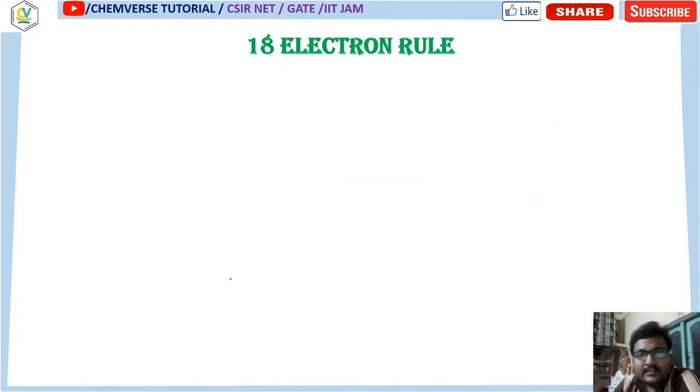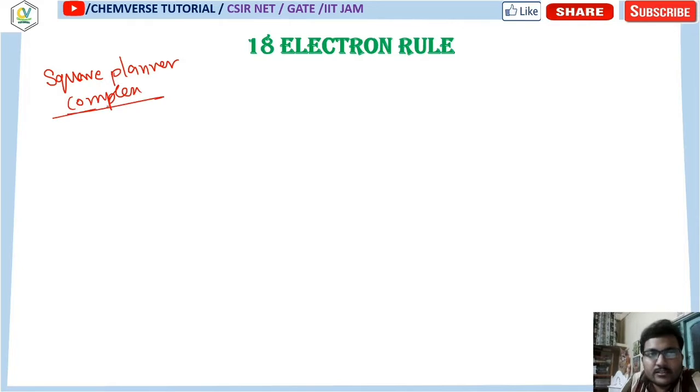Now the question arises, in which case is the 18 electron rule not applicable? In most cases we find this for square planar complexes. If you know the hybridization of the square planar complex, it is dsp2 or sp2d hybridized. Look at this, the d orbital is involved in bond formation, the s orbital, but among the p orbitals only 2 orbitals take part in bond formation.